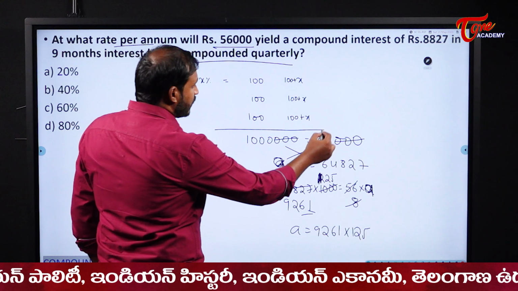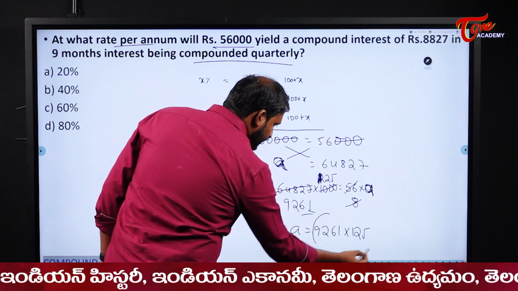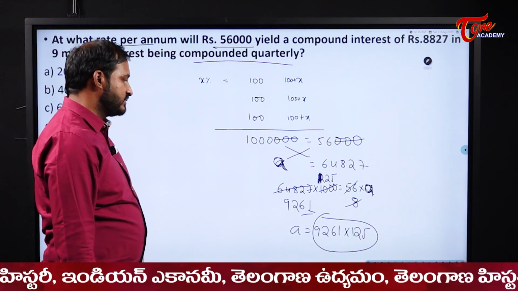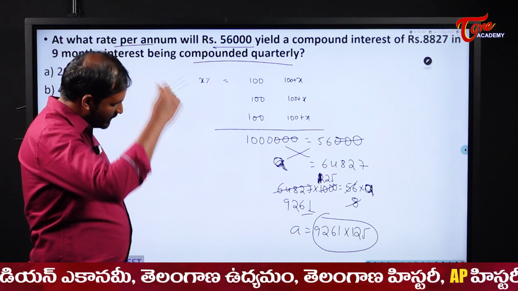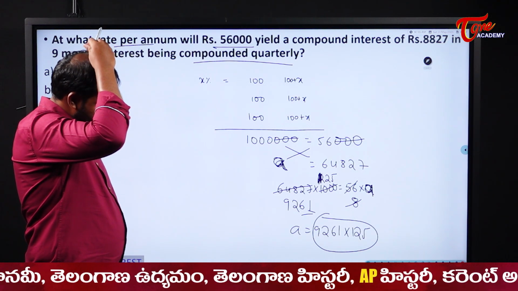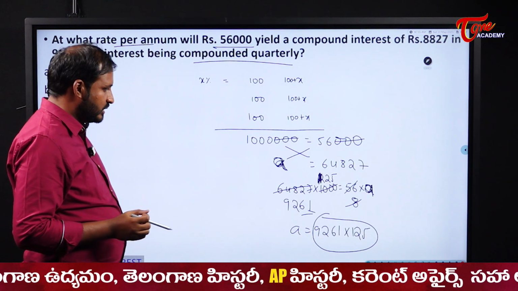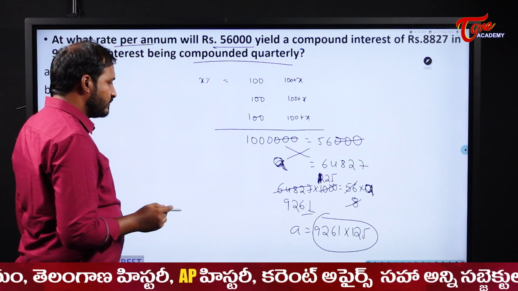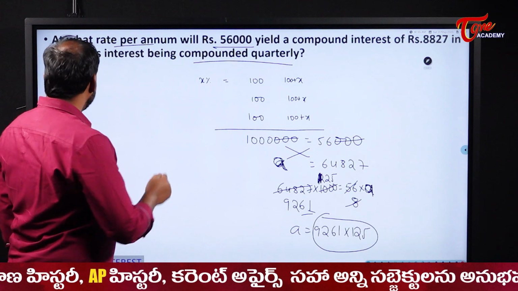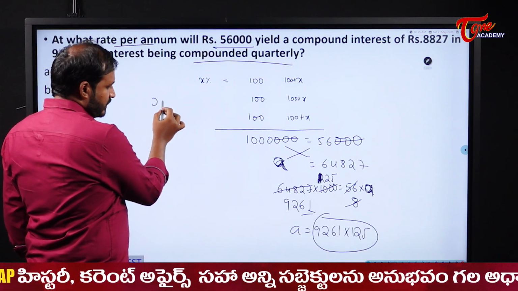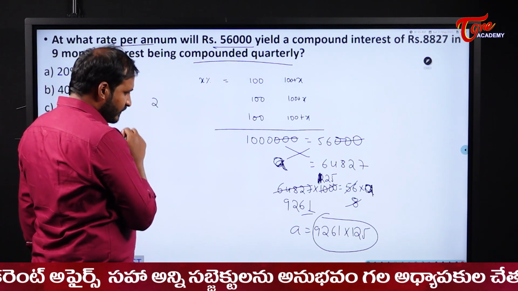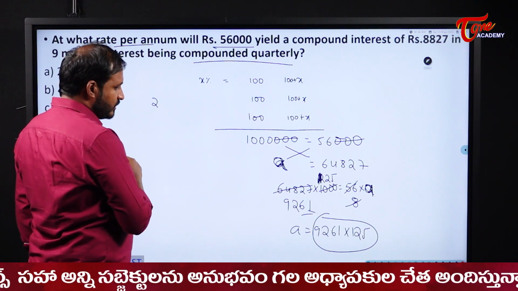Okay, so now which cube is this one? By cubing this one, which value will you get? 729 is not possible. 11 cube is 1331. What is 20 cube? It is 8000. So let me check.